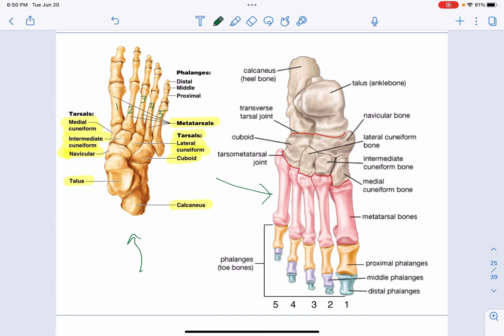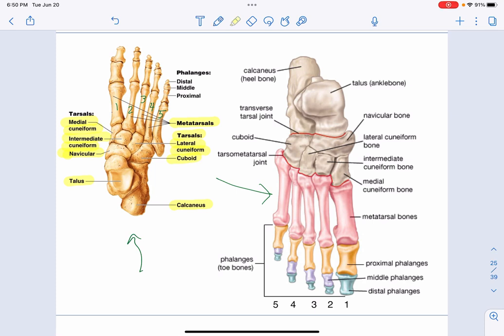And then we have the bones of the phalanges, which are very similar to the way that I described them for the hand. So there's a distal, middle, and proximal phalange on the second, third, fourth, and fifth toe, but there's only 2 of those bones on the big toe.